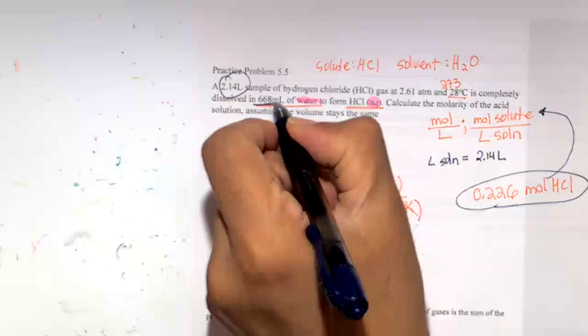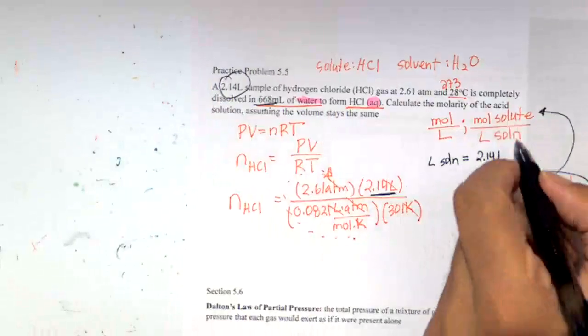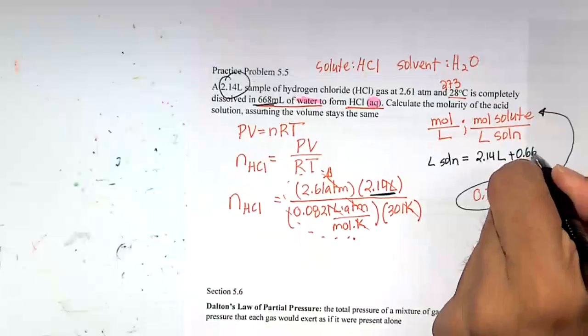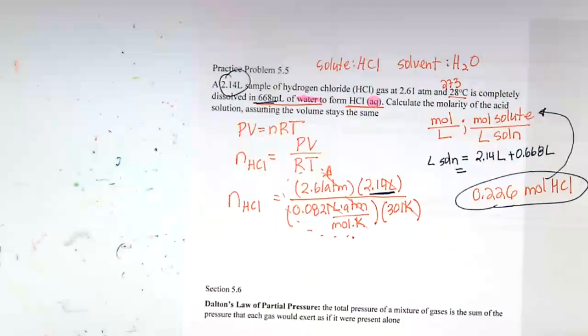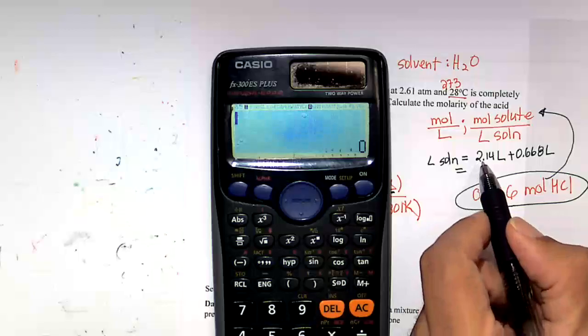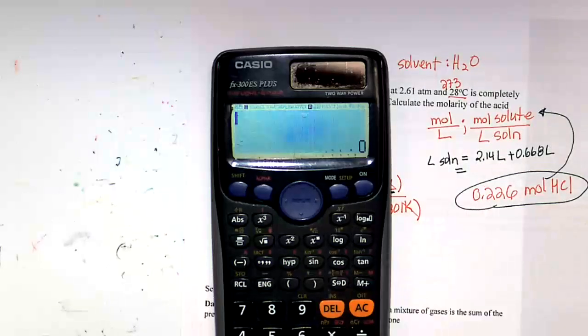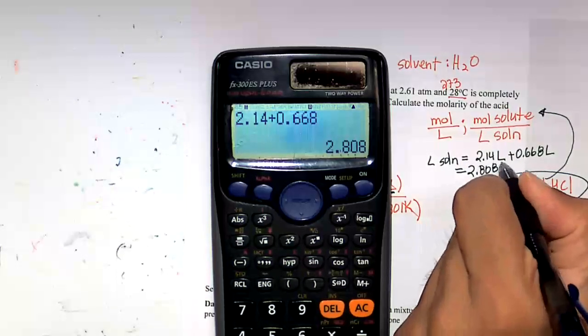How will we convert this to liters? Move the decimal three to the left, 0.668 liters. Doing that really quickly, the liters of our solute plus solvent, 2.808 liters of solution.